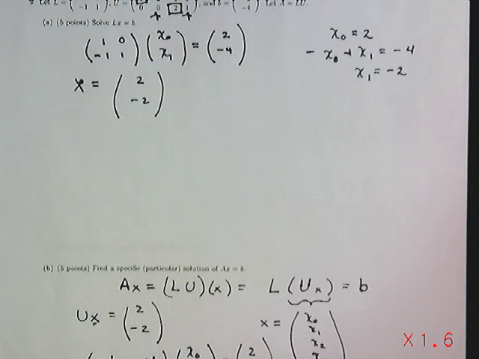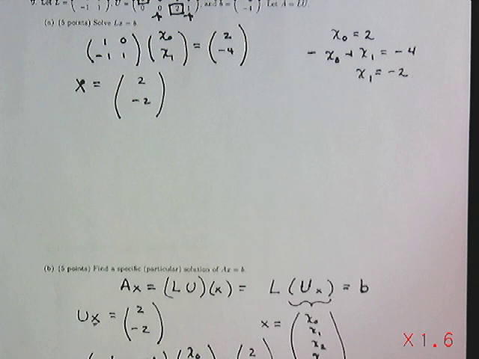And that would mean that chi0 minus a -1 is equal to +2, and that means that chi0 must be equal to 1. So the particular solution is that x takes on the values 1, 0, -1, 0.